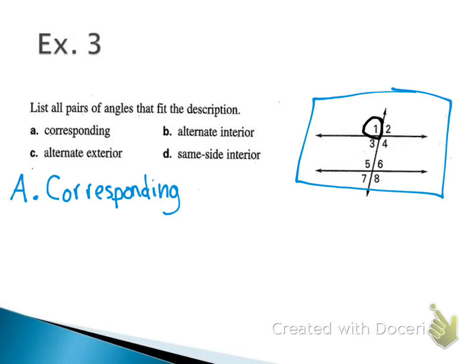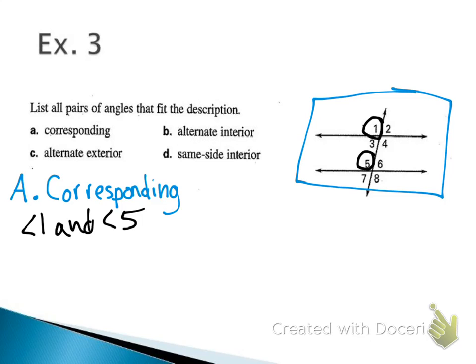Good. You guys keep guessing, you'll eventually get it right. It's not 1, 2, or 3 because those are on the same line. Remember, they're on different lines in the same position. So if you're taking one from the top intersection, the next one has to be from the bottom intersection. But upper left of the intersection, upper left of the intersection. So 1 and 5 are corresponding angles.